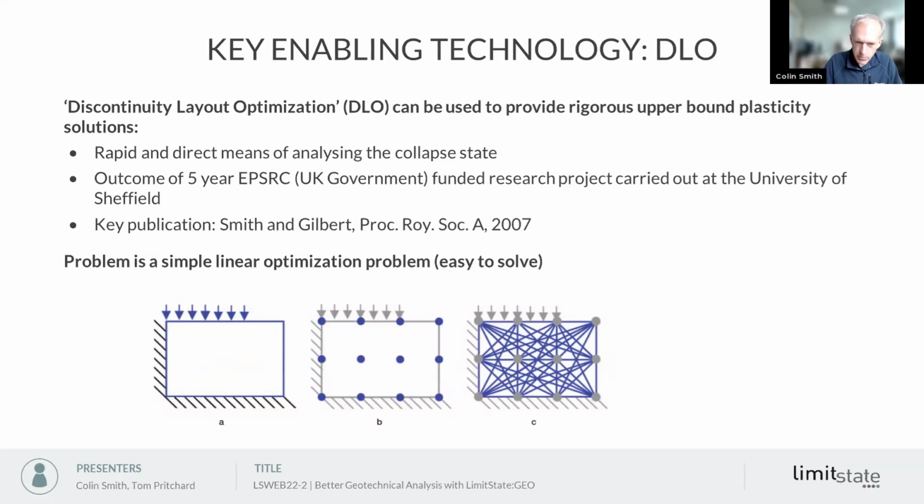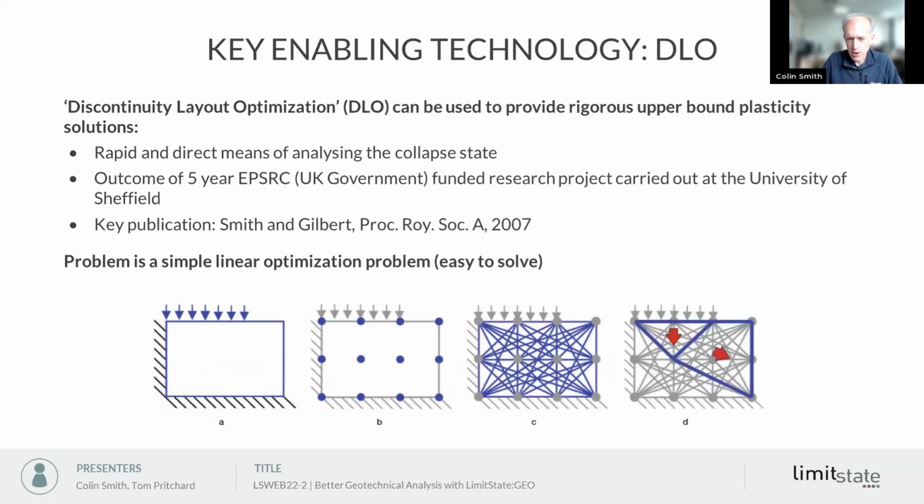And then we use linear optimization to pick out from that very large set of slip lines, where we have 12 nodes, we're going to have 66 possible connections there. Out of that, we use optimization to pick the 6 slip lines that form the critical mechanism using rigorous plasticity theory. And so we get this mechanism on the right, as shown there.